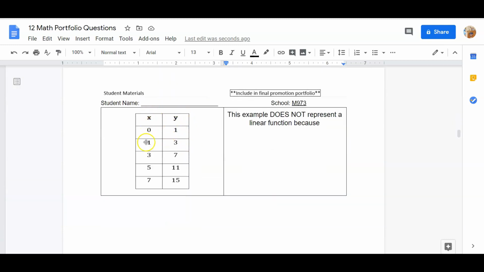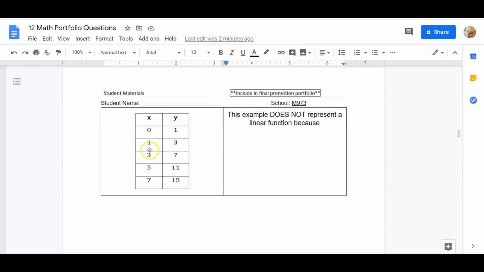So from 0 to 1, plus 1, but from 1 to 3 is plus 2, and then we're plus 2. Now you might be thinking, oh, that's not the same. But you also need to look at the y side to decide that. Because if this increase is plus 2, essentially doubling because we have a plus 1 and then a plus 2, right? Instead of adding 1, we added 2. It doubled. This side needs to do the same thing.